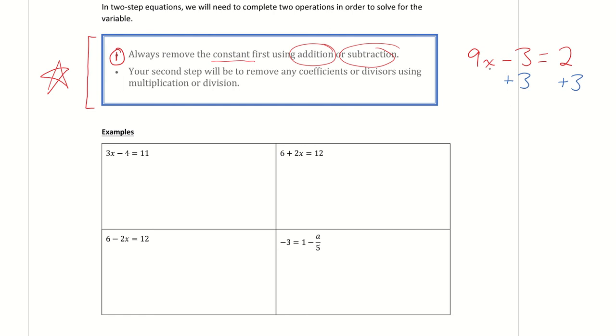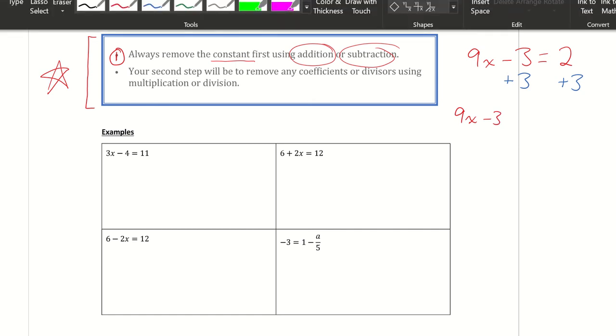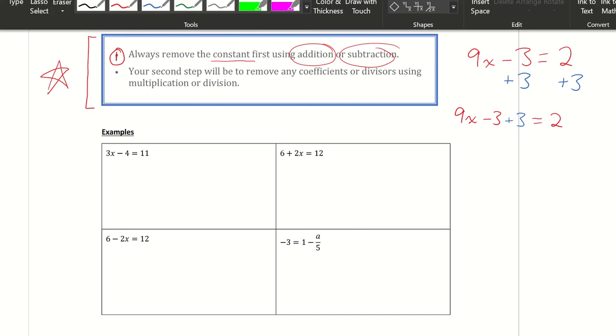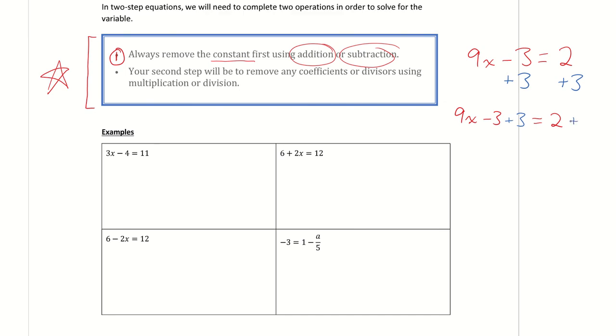So 9x minus 3, and then I'm going to write plus 3, equals 2 plus 3. And you don't have to show this step that I'm currently writing.